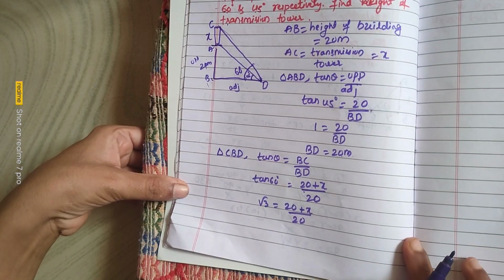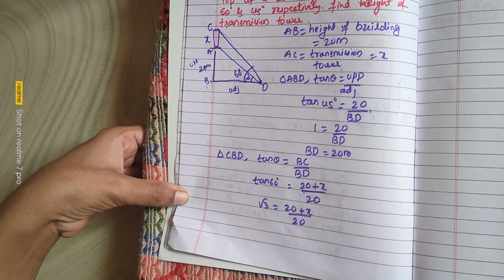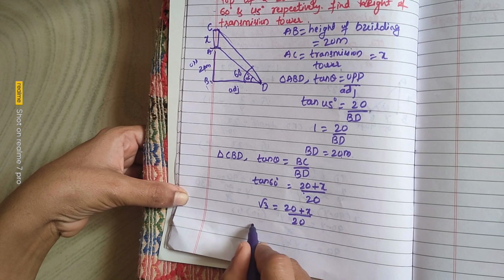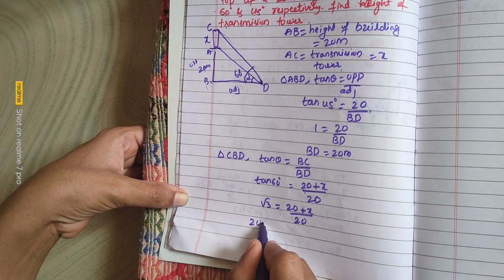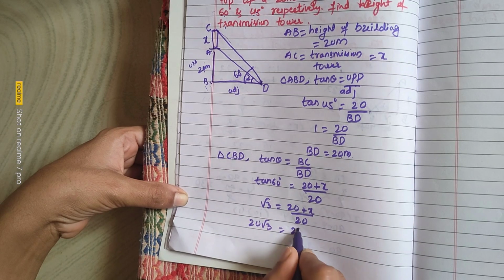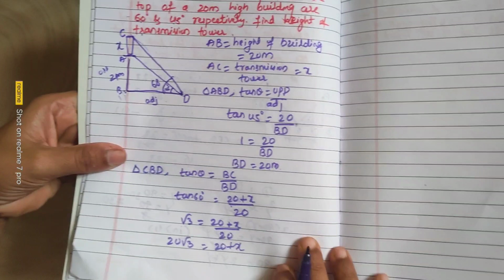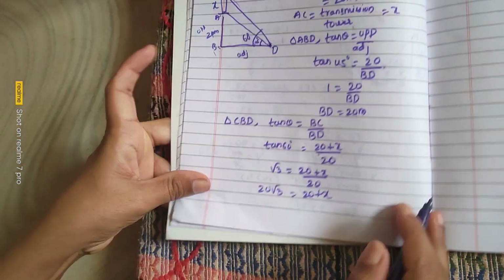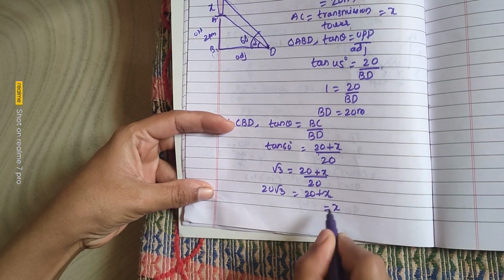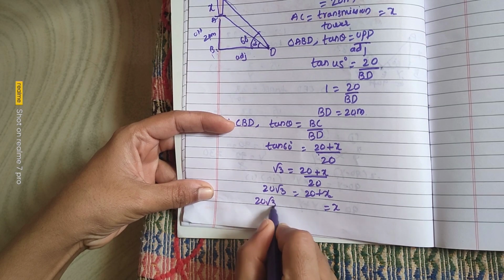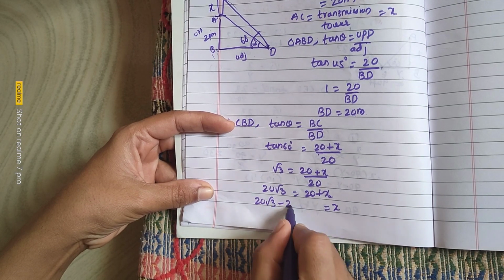So I will find out x here. 20 goes across: 20 into root 3 is equal to 20 plus x. Keep x here: this is 20 root 3, and plus becomes minus 20.